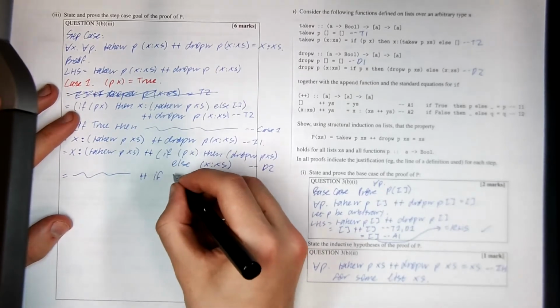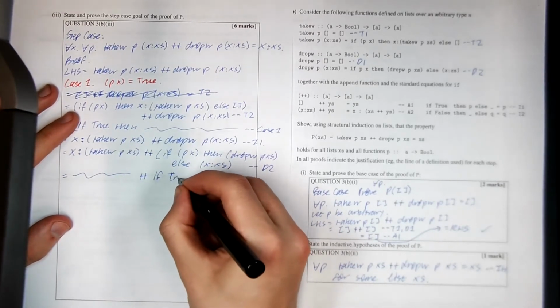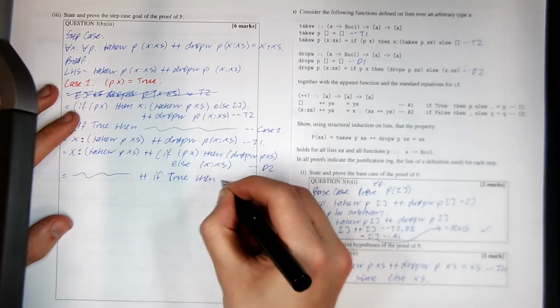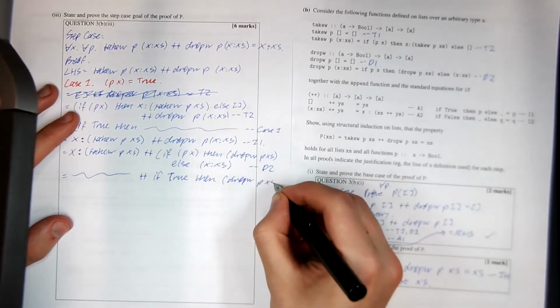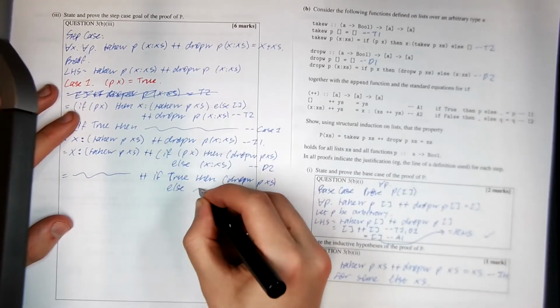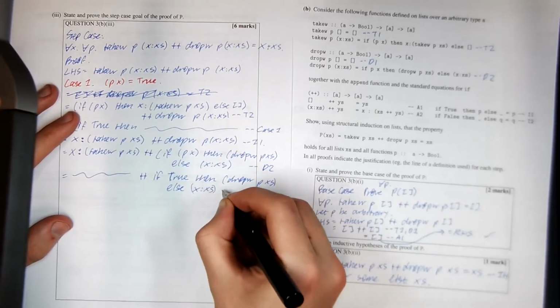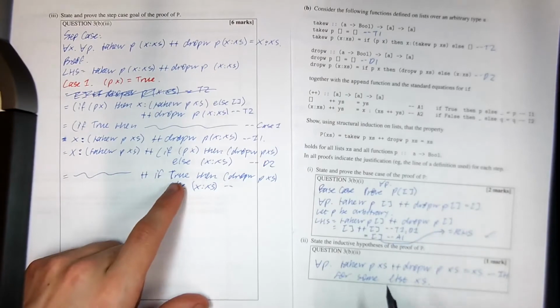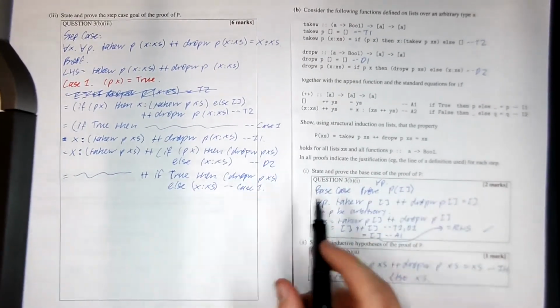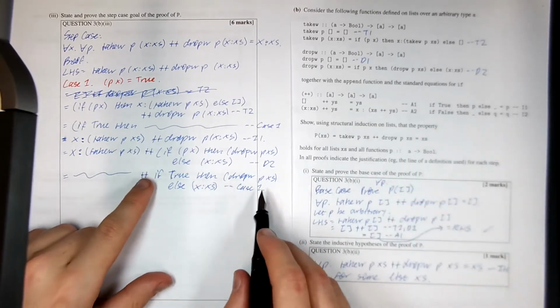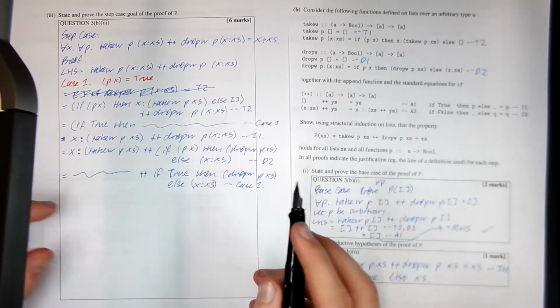Concat, if true, then drop W P xs, else x cons xs, by case 1. And then by definition of if, I can replace this whole thing with just this first term here.